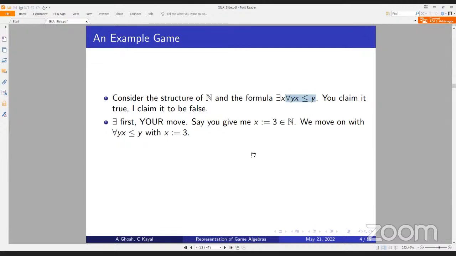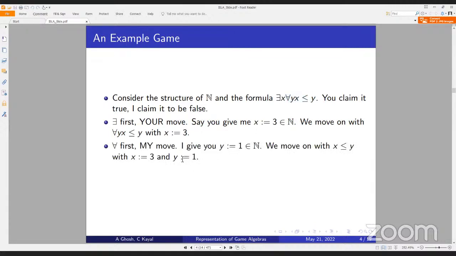Now the next move is mine, since the first thing is now for all. So I give you 1, and we are left with this formula, which is a predicate. Remember, x is assigned to 3 and y is assigned to 1. When a predicate comes, you evaluate and find that 3 less than or equal to 1 is not true, and I win. But the question here is not how the particular game is played in one instance.